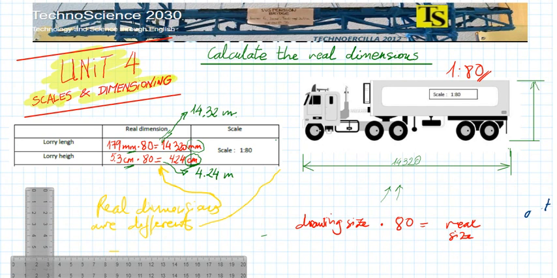And remember that for vertical dimensions, we need to put the real dimension in millimeters, which is 4,240, in this position.